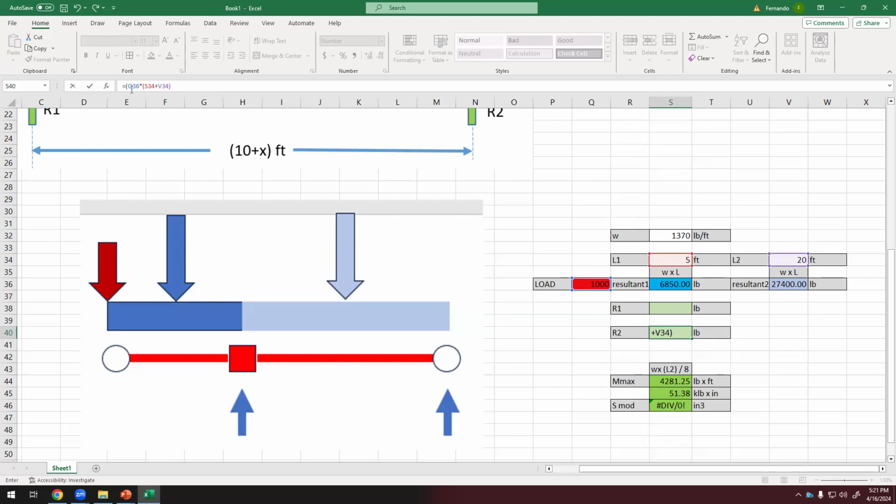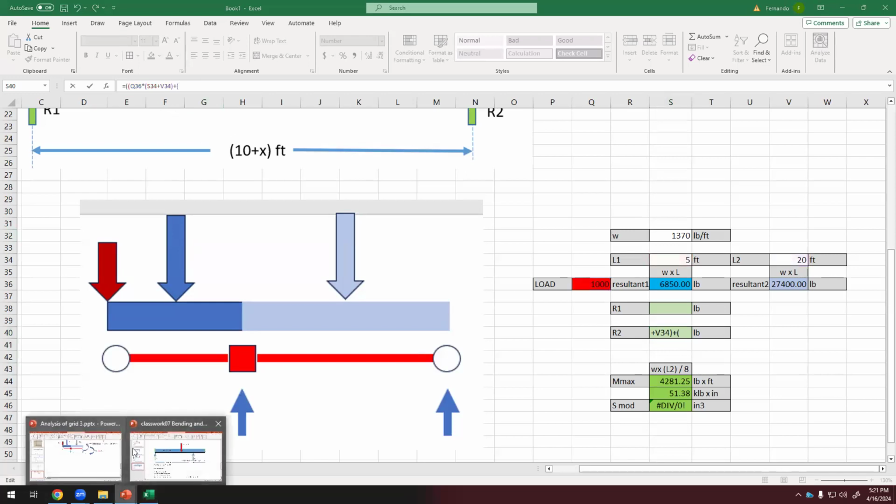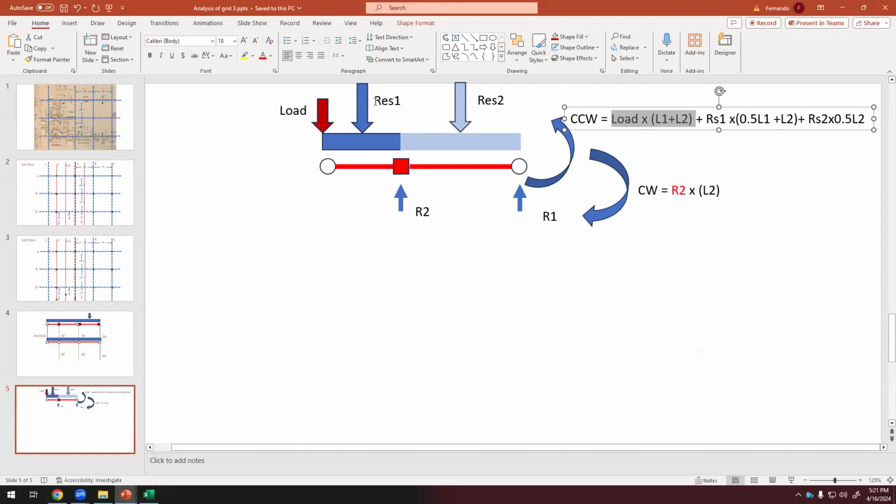Okay, so that's the first load times this plus this. Come on, this is the easiest part. Now it gets complicated. So I need another parenthesis here. Every time I add up something, I have to open another parenthesis. So plus parenthesis. What's next? It's this resultant 1, times 0.5 L1 plus L2.